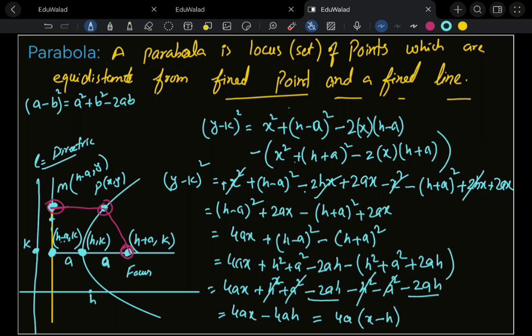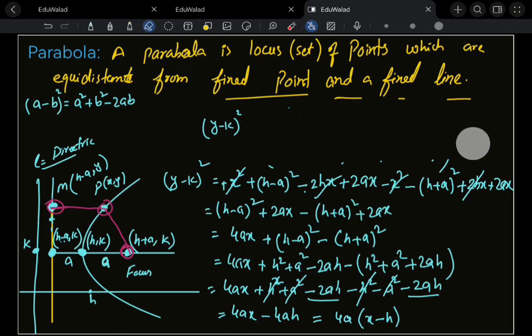So we can write y minus k whole square equals 4a into x minus h. So this is the general equation of a parabola.